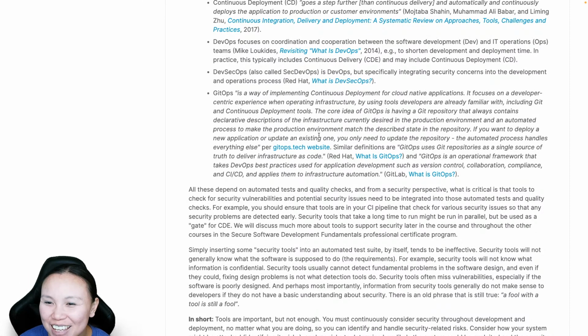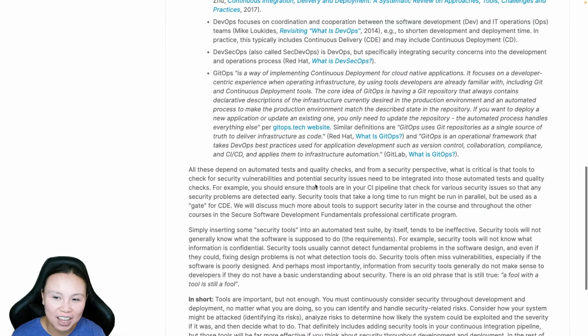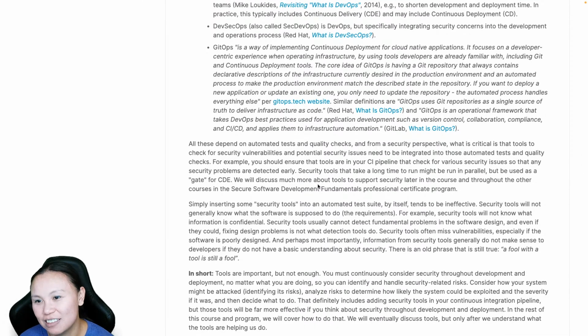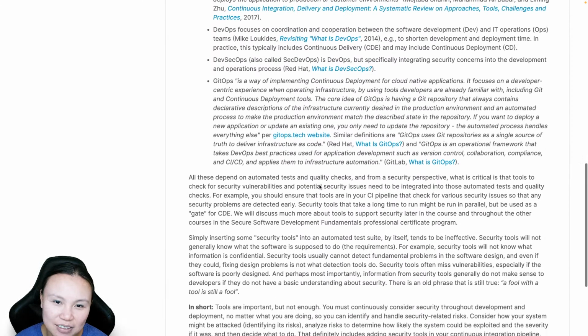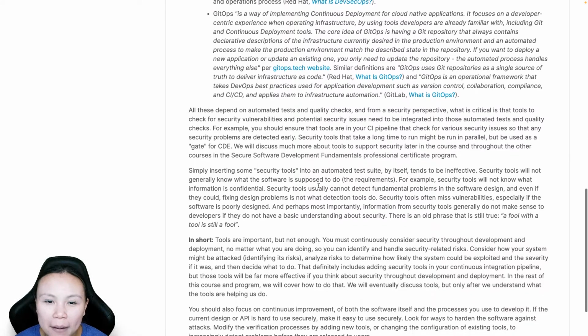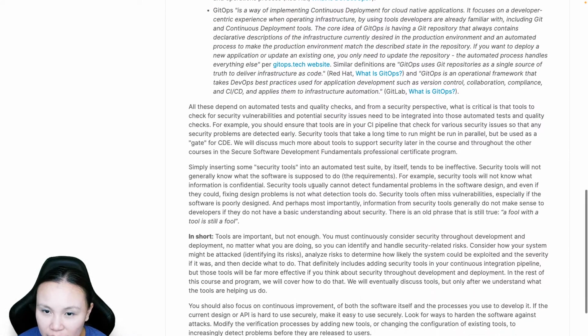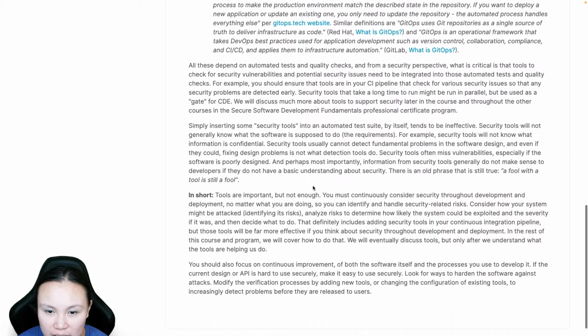The core idea of GitOps is having a Git repository that always contains a declarative description of the infrastructure currently desired in the production environment, and an automated process to make the production environment match the desired state in the repository. I'm not going to read the rest. Okay, so this is a very Git-focused DevOps. This is GitOps. Okay, all these depend on automated tests and quality checks.